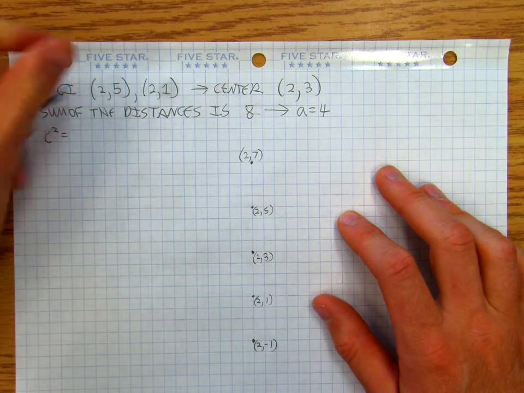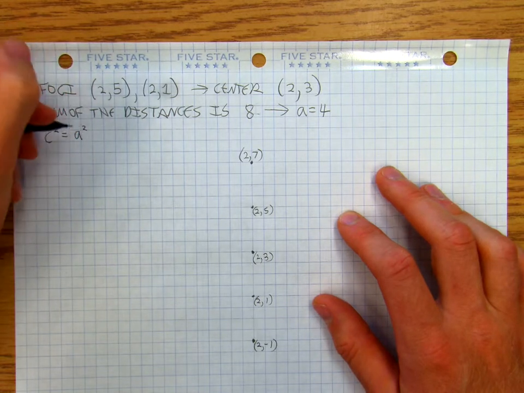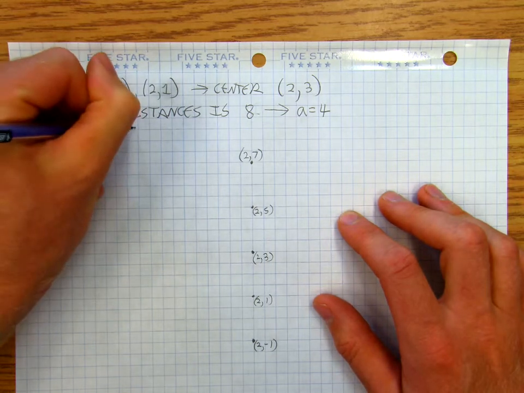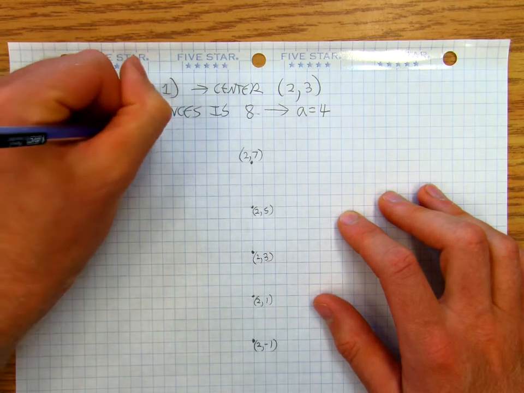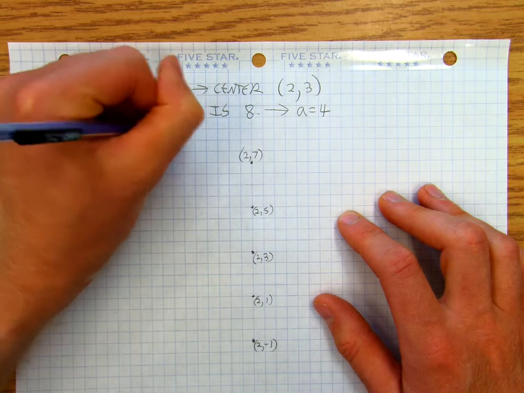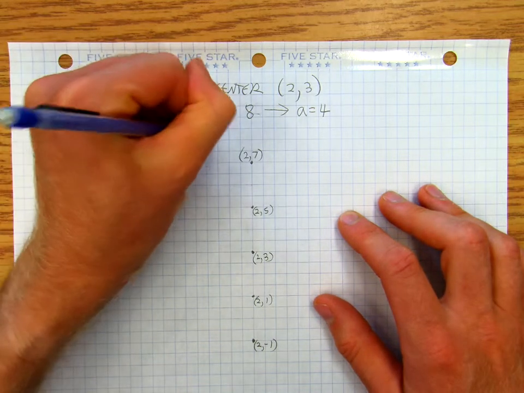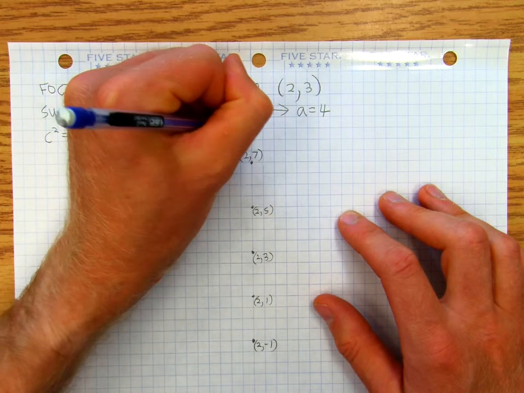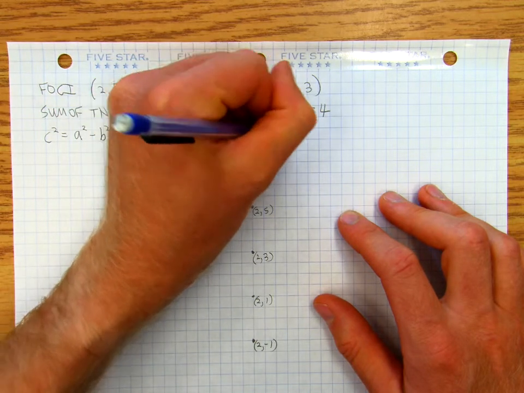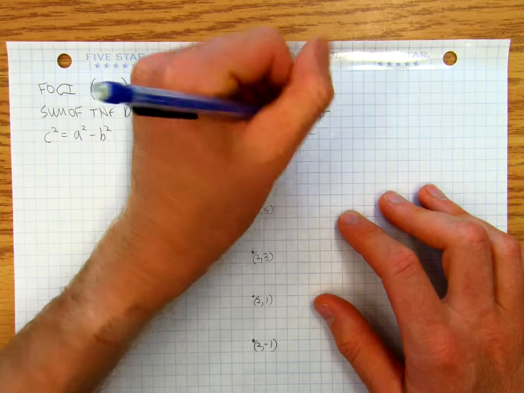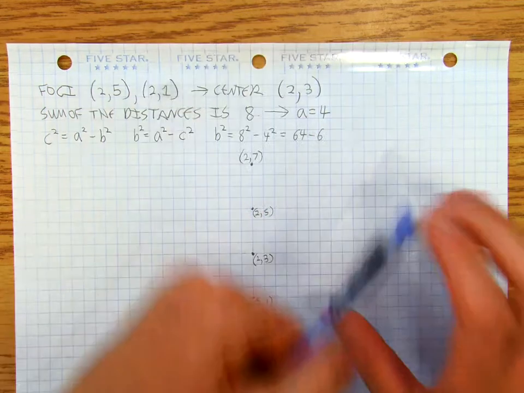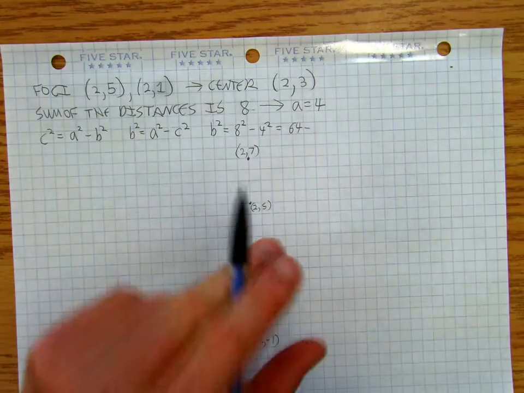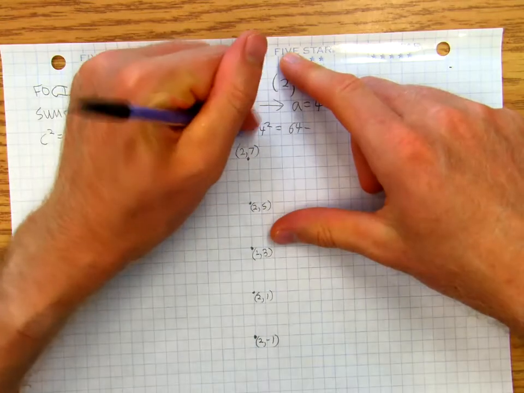And then c squared is equal to a squared minus b squared, or b squared is equal to a squared minus c squared. So I've got b squared is equal to 8 squared minus 4 squared. So that's 64 minus 16. I'm sorry, I always get that messed up.